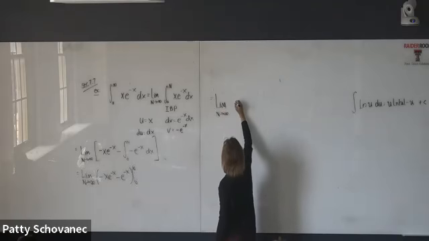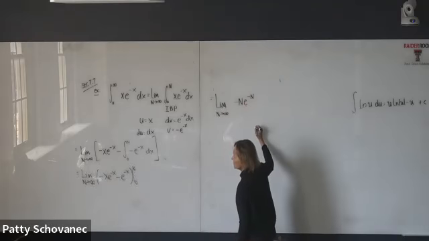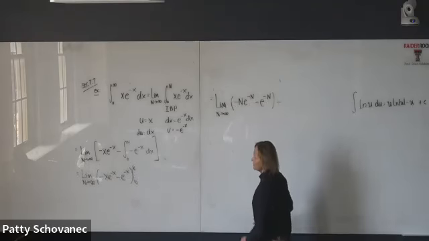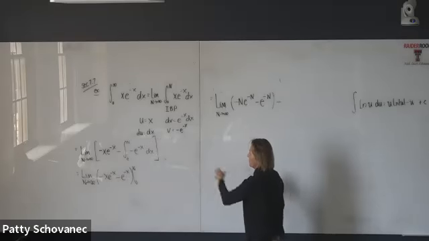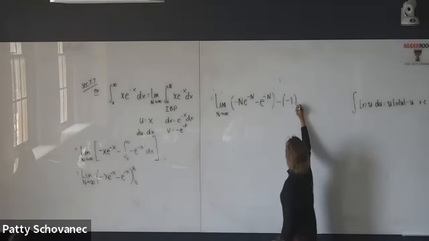Putting an n in there gives me minus n e to the minus n minus e to the minus n. Now I'm going to put 0 in. This is going to give me 0 times e to the minus 0, which is 0. But then I've got a minus e to the minus 0, which is a minus 1.